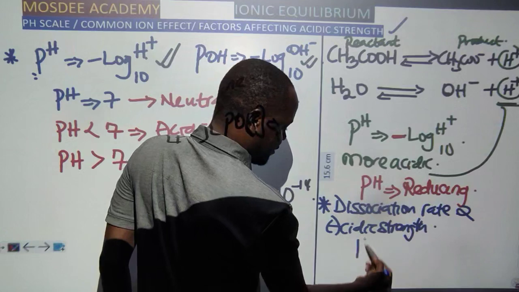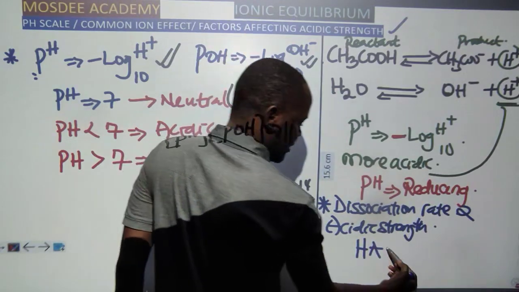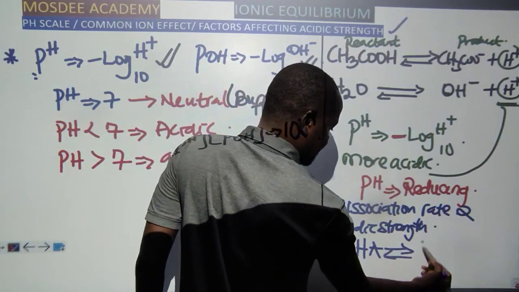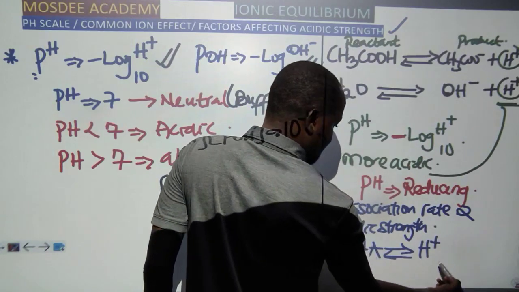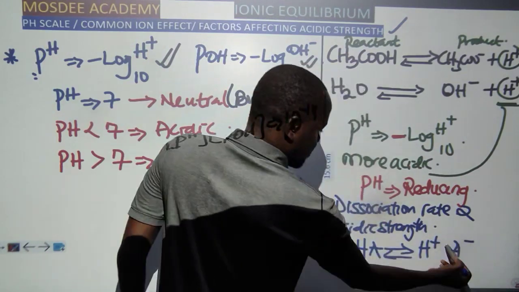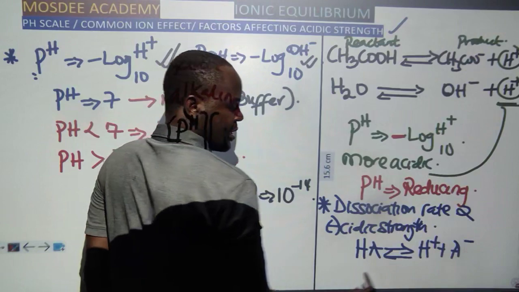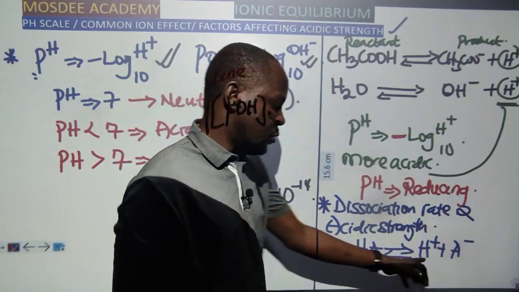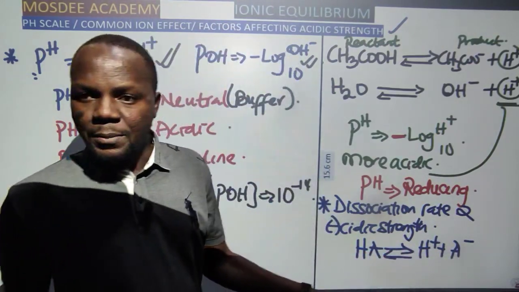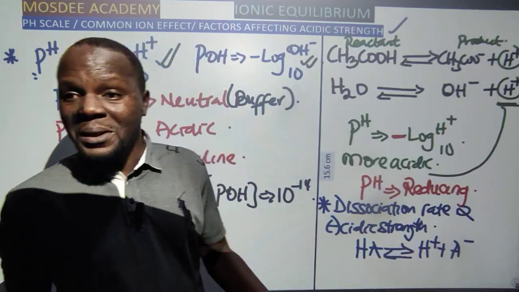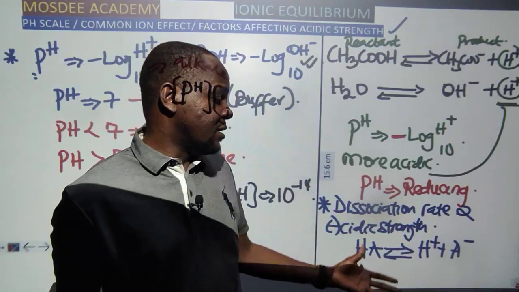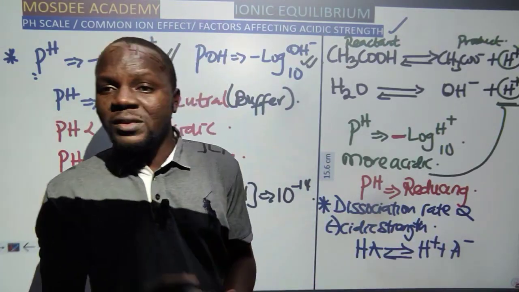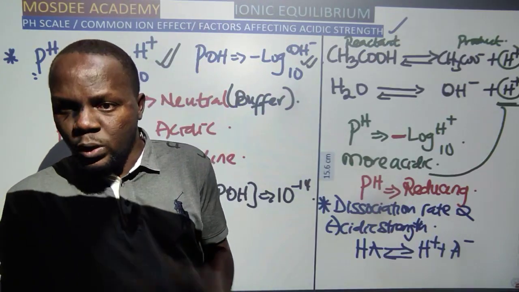If you have HA as an acid, like we talked about in the beginning, it dissociates to be H plus and A minus. Now we can put this in brackets. If this is dissociating to produce more H plus every time, that means more acid is being produced. And when more acid is being produced, it's because the bond is weak.